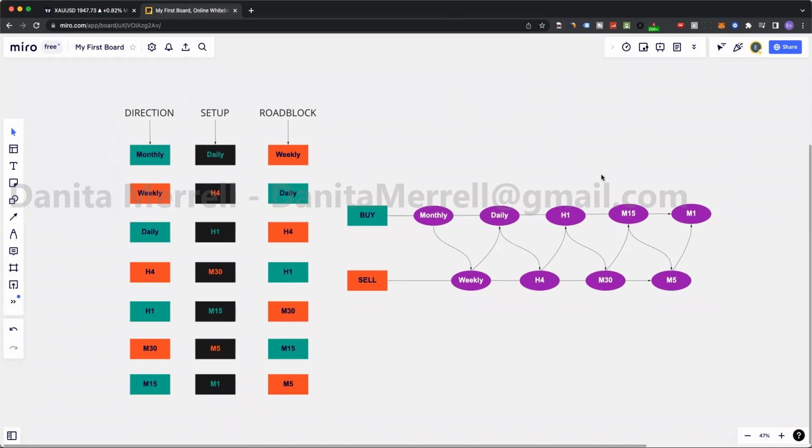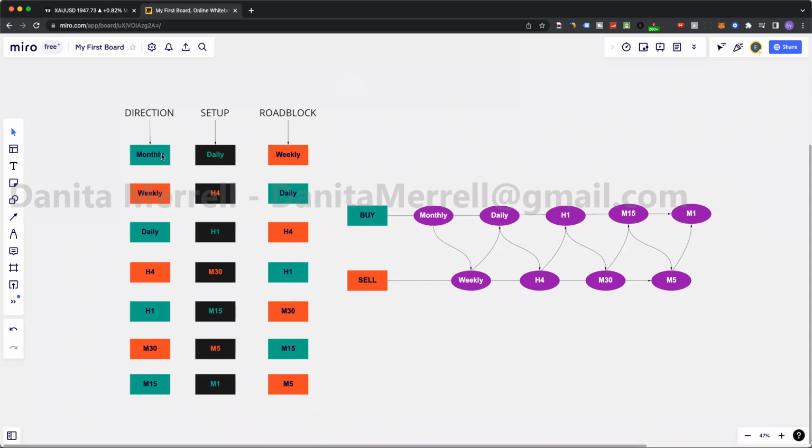So when we look at this chart, we have to understand that, for example, let's say we had monthly buys, and then we have a daily setup with a weekly roadblock. In order for price to continue, we need to break this weekly from the daily to get to our next monthly level.